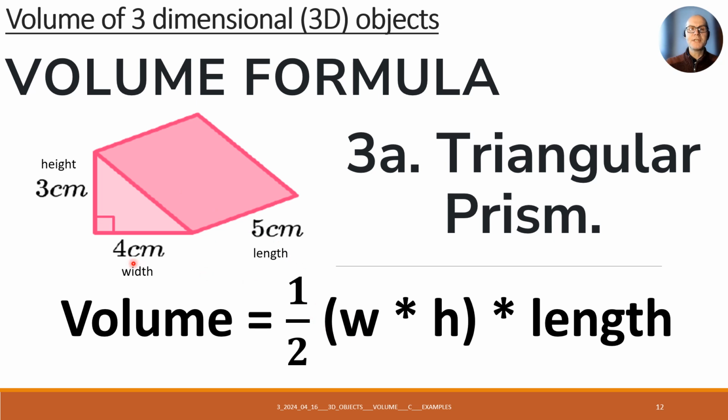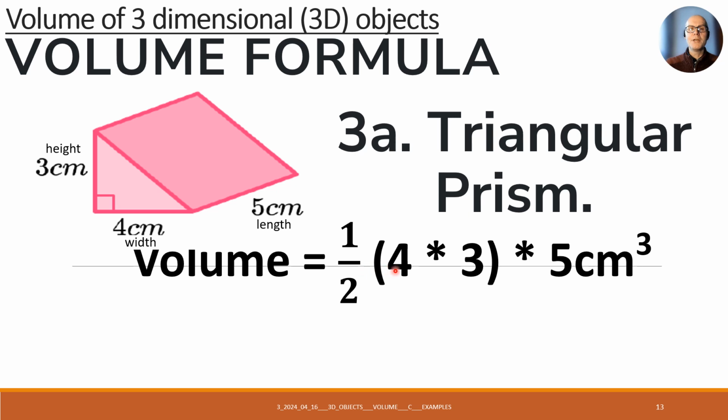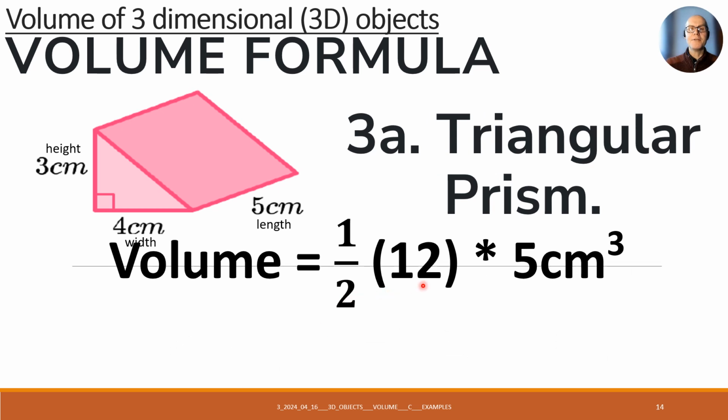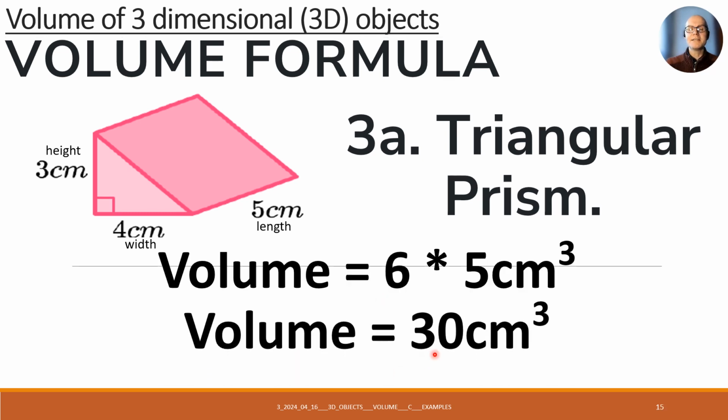So width, 4 centimeters, height, 3 centimeters, length, 5 centimeters. A half of 4 times 3 times 5. BODMAS applies, so let's do the things in the brackets first. 4 by 3 is 12. A half of 12 times 5. Half of 12 is 6. 6 times 5 is 30 centimeters cubed.